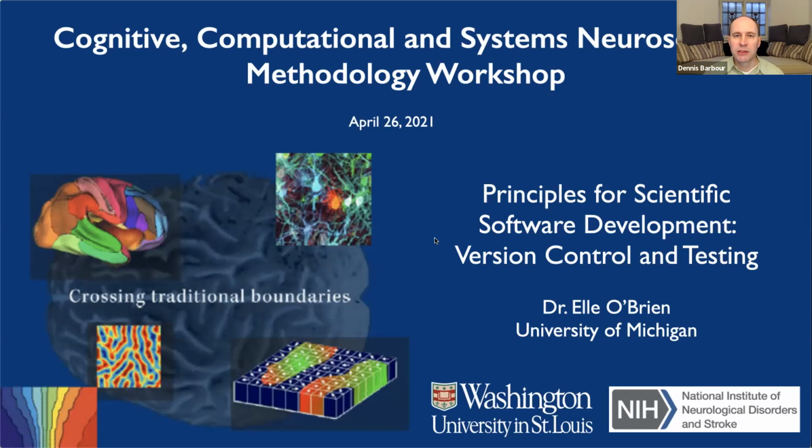We think of it as the material that's relevant regardless of your research applications, whether you're in academia, government, nonprofit, or in industry. It's part of the T32 funded CCSN pathway that's sponsored by the National Institute of Neurological Disorders and Stroke.